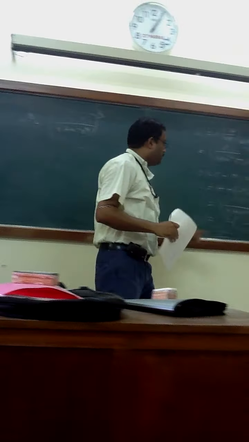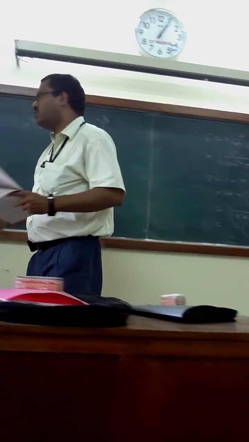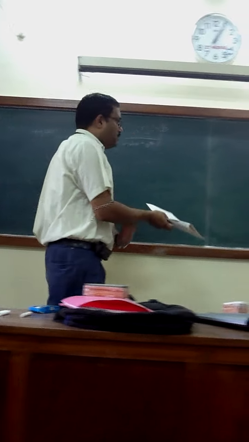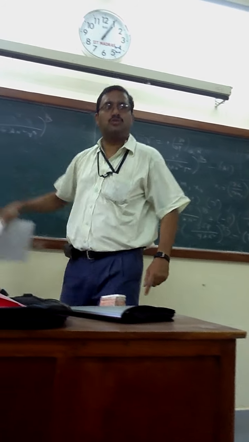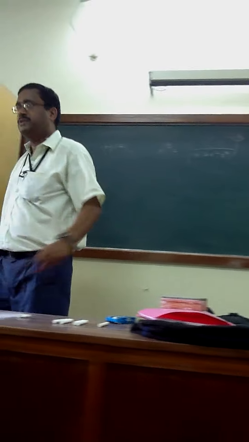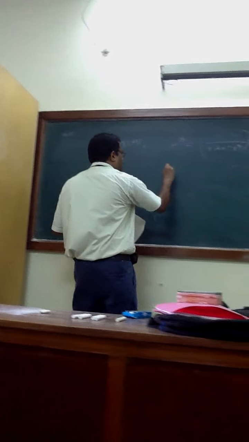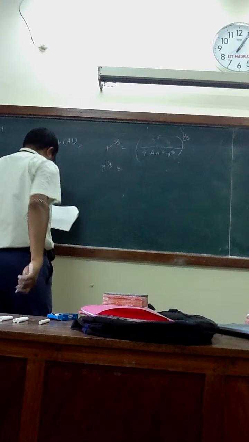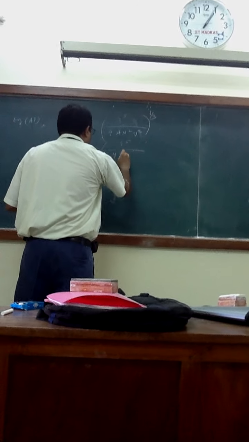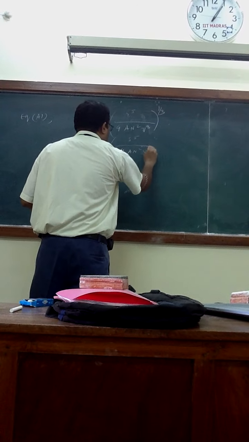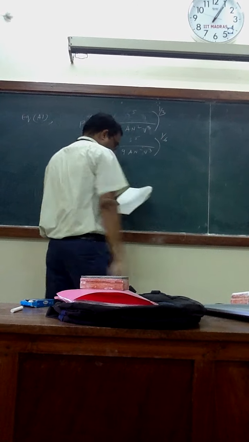What do you want to have? P to the power 1/3, right? If you look at your equation number B1, you have p to the power 1/3, but you have p to the power 2/3. So you have to take the whole to the power half. If you take the whole to the power half, you will get p to the power 1/3, which is s to the power 5, 4 a square b to the power 3, whole to the power 1/6.